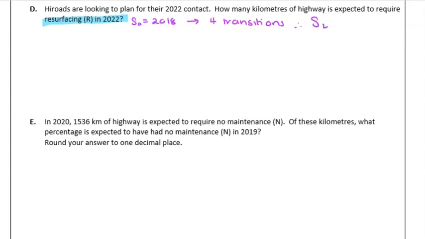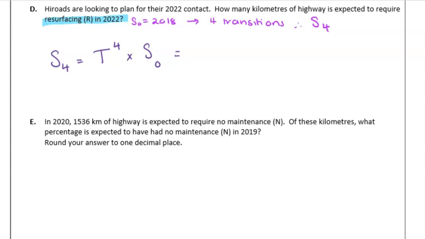So we're going to find S4. Going to our general rule form, we know that S4 will be our transition matrix to the power of 4 times our initial matrix there.